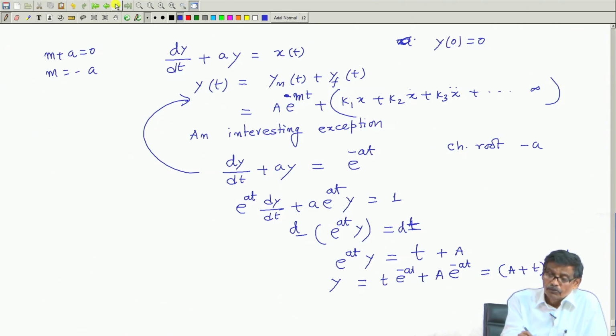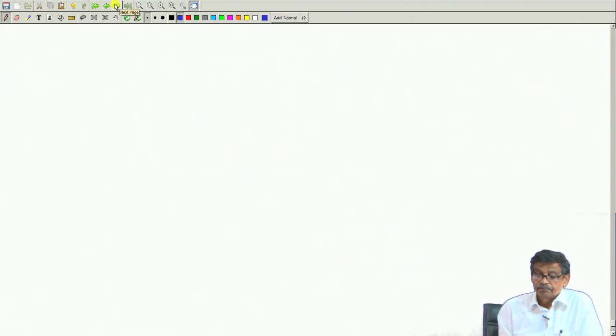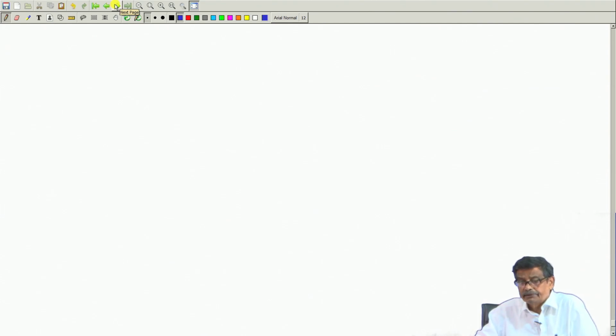Now, in the first order system things are pretty simple. Now, to complete the discussion on this, we will take up a higher order differential equation and try to see whether similar things can be done.